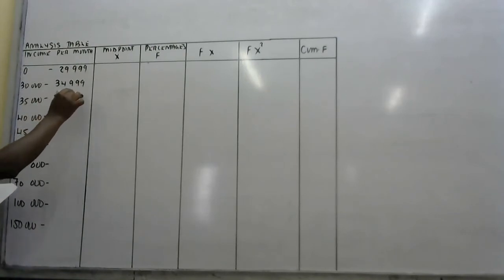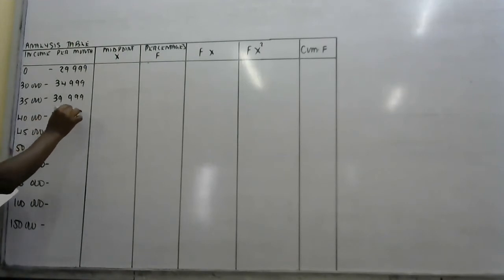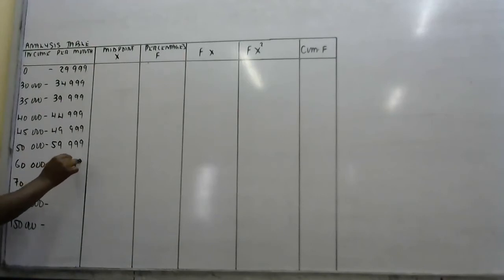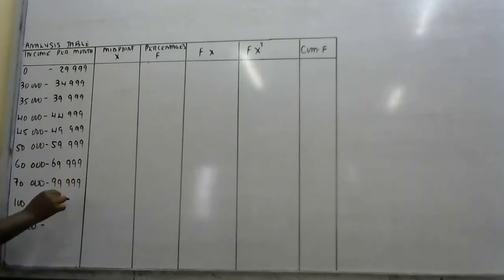So 39,999, then 44,999, then 49,999, then 59,999, 69,999, 99,999, and then 149,999. Now, this one is not given up to where.